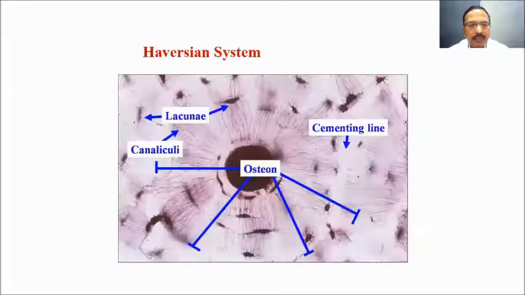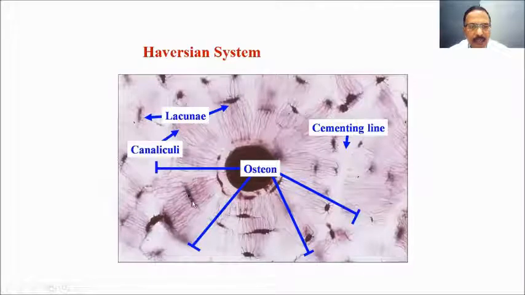When it comes to higher magnification, you can see the Haversian canal. In that Haversian canal, usually blood vessels and lymphatics as well as nerve fibers will be there. Surrounding that, you can see one sheet of lamella, another sheet of lamella, many sheets of lamellae arranged in a concentric manner, ring-shaped lamellae of bone.